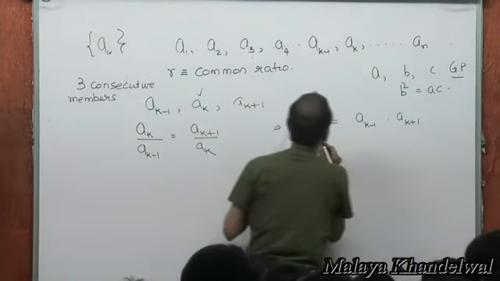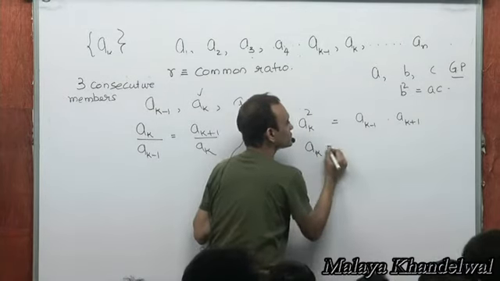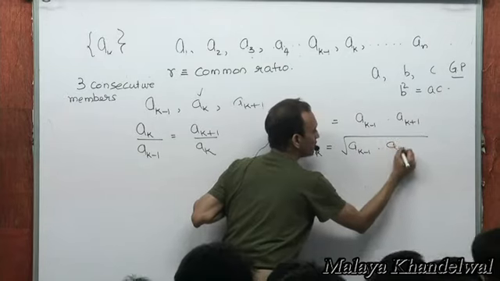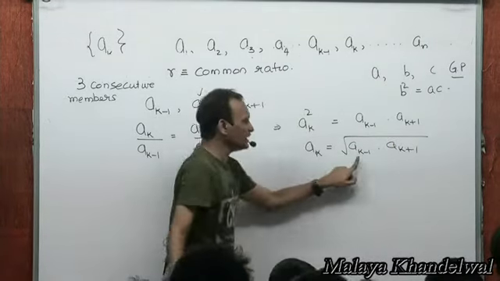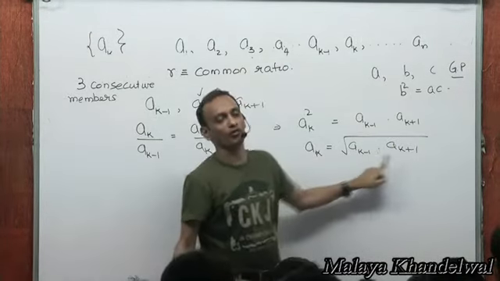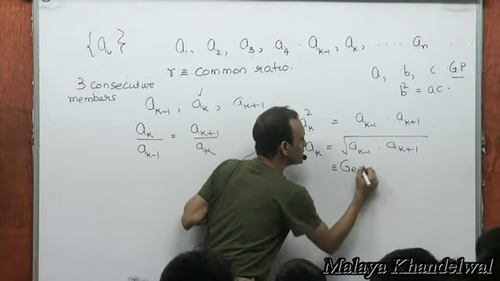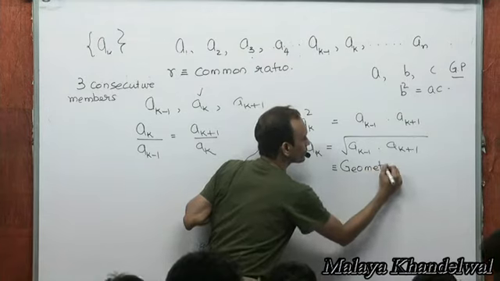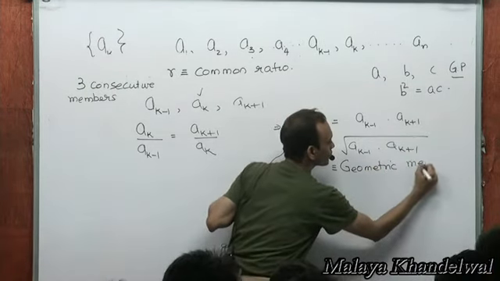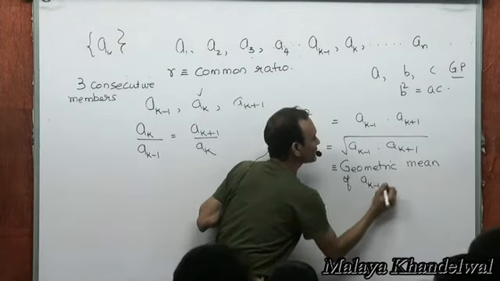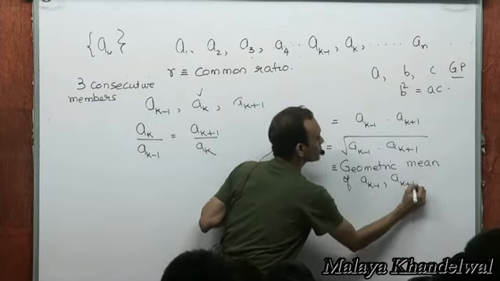Then if this happens, AK is root of AK minus 1 into AK plus 1, and we learned that this is the geometric mean of these two terms. This is actually called the geometric mean of AK minus 1 and AK plus 1.